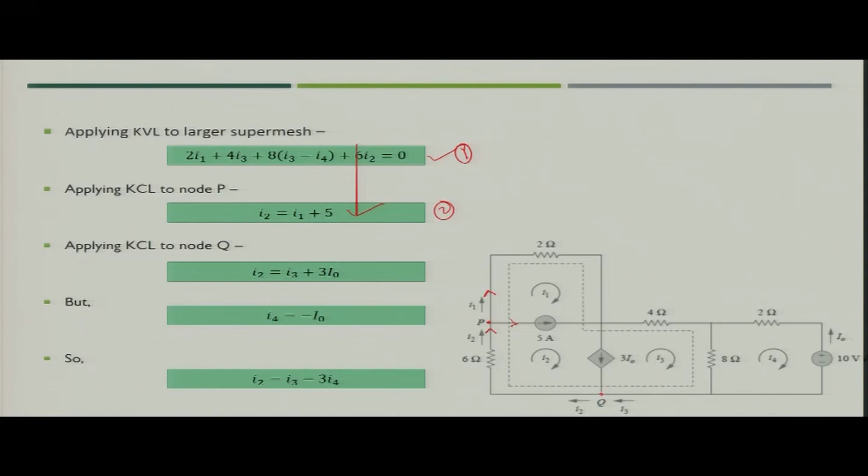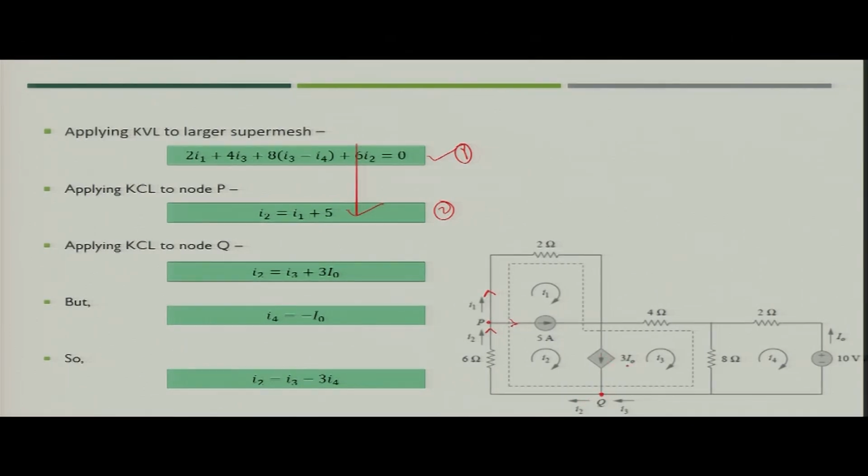The third one which you will get is using KCL at node Q. Here, for node Q, I3 plus 3 I0 are coming inside the node and I2 is going outside the node.